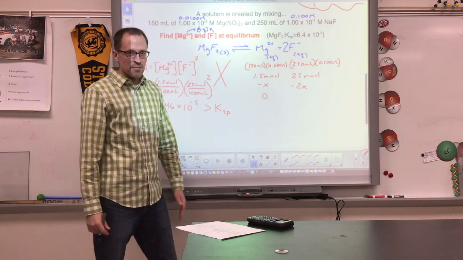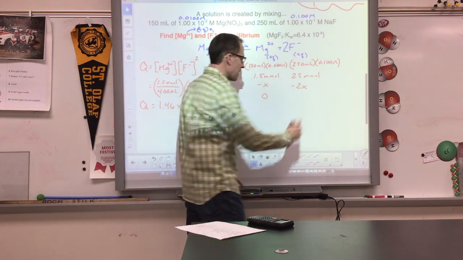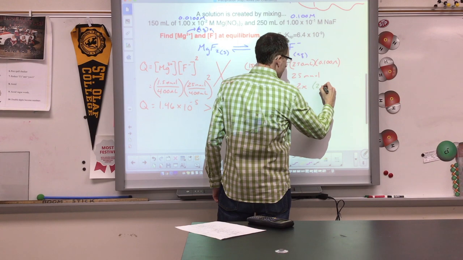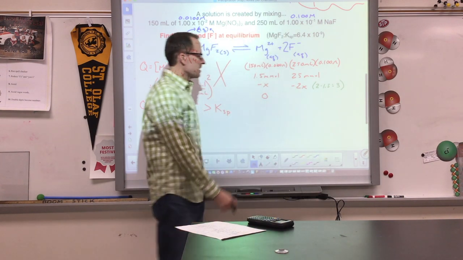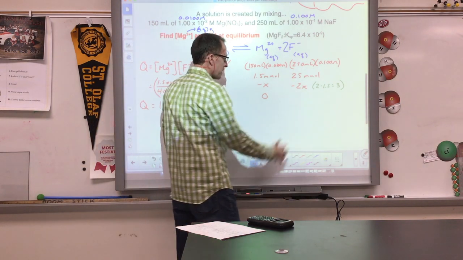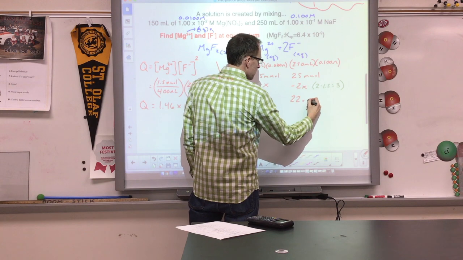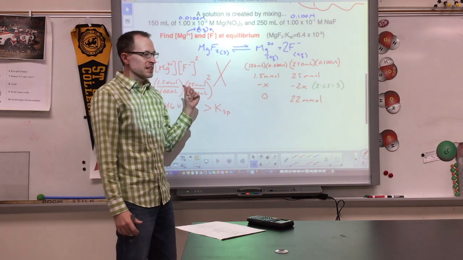That tells me that x is 1.5. So if x is 1.5, then 2 times x is 3, right? So I'm going to have 22 millimoles left. So I've driven it to the left.